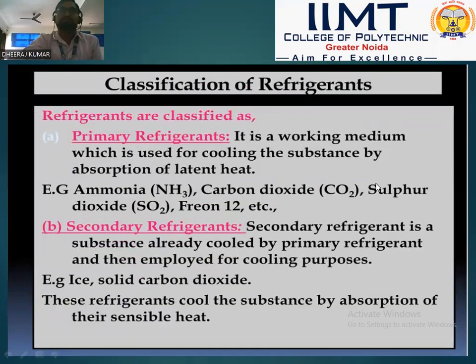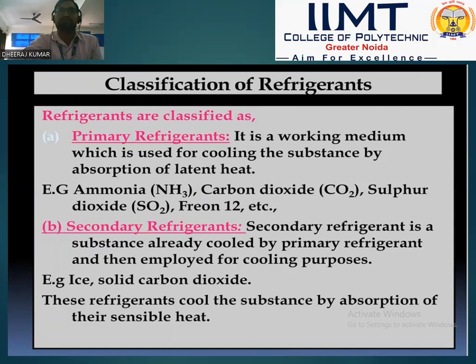Refrigerants are classified into two categories: primary refrigerant and secondary refrigerant. Those refrigerants which are directly used to cool a substance are called primary refrigerants, such as ammonia, carbon dioxide, sulfur dioxide, and R12. A secondary refrigerant is a substance cooled by the primary refrigerant.